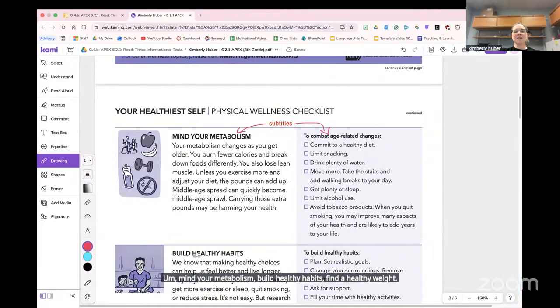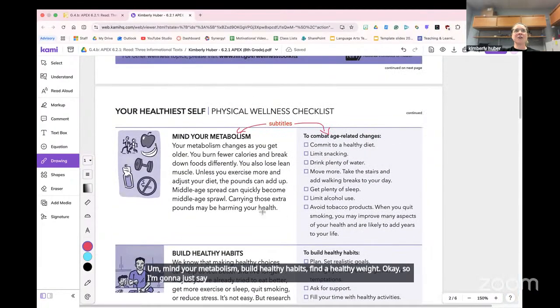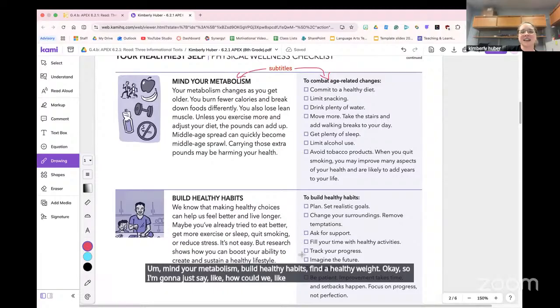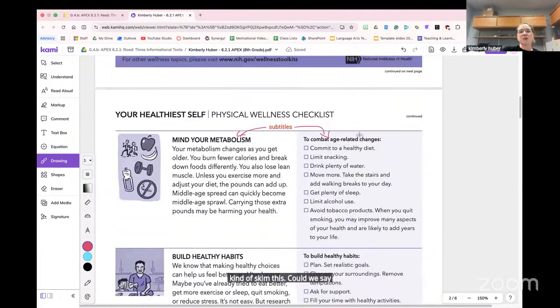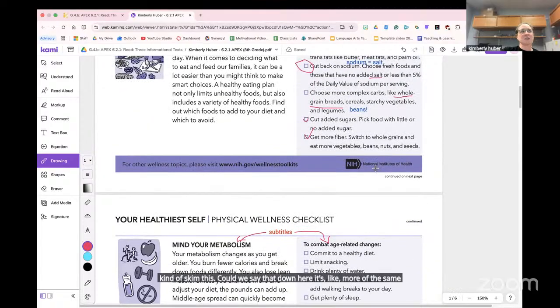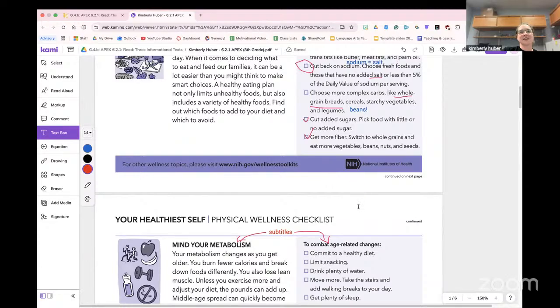Okay. So how could we just skim this? Could we say that down here it's more of the same as above, or what do you think?